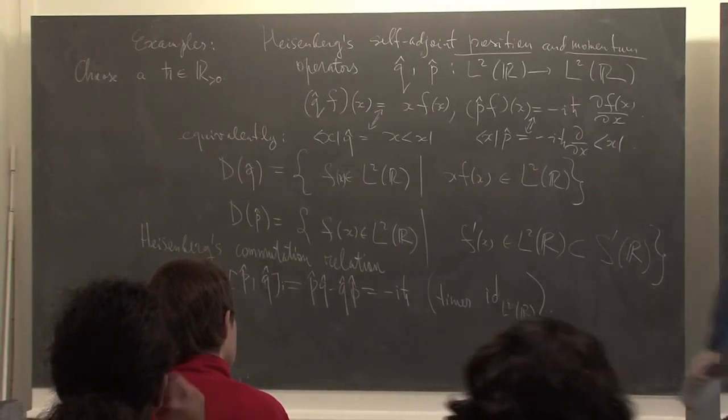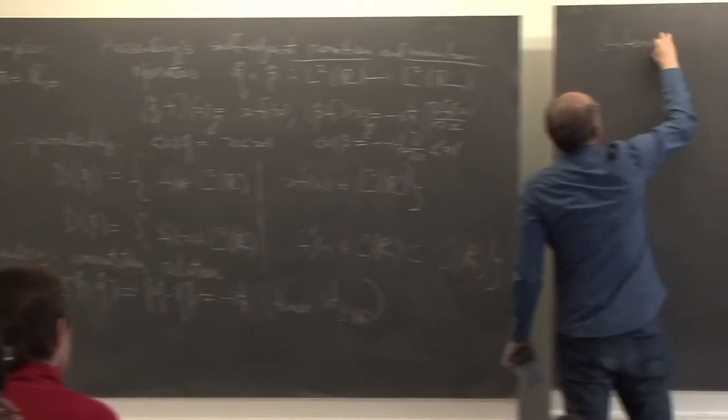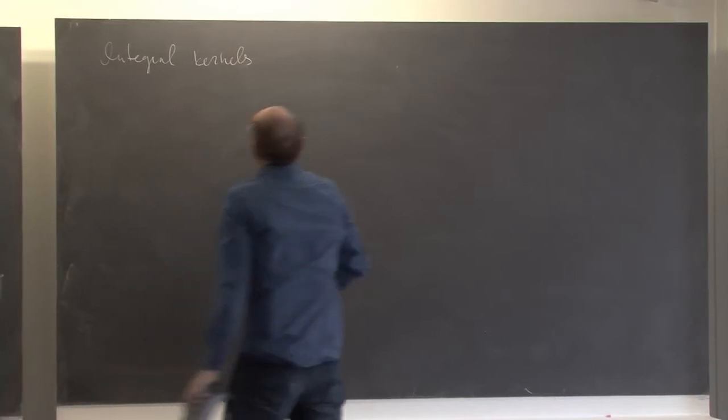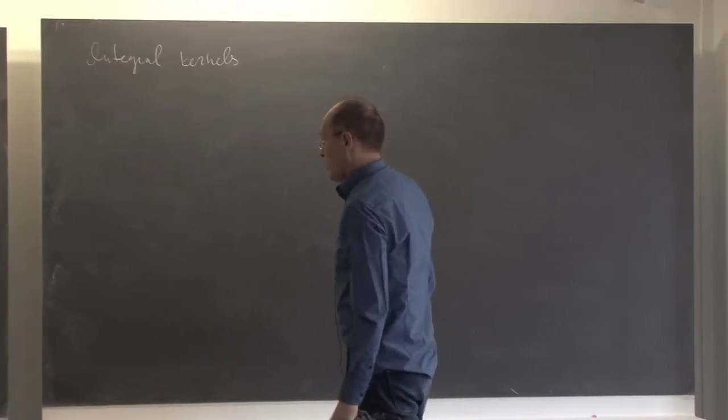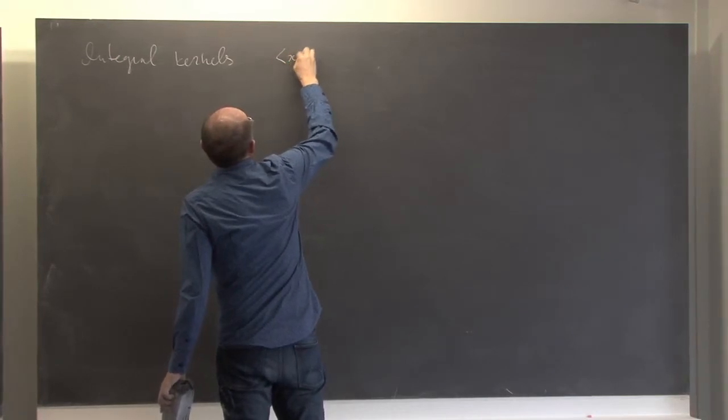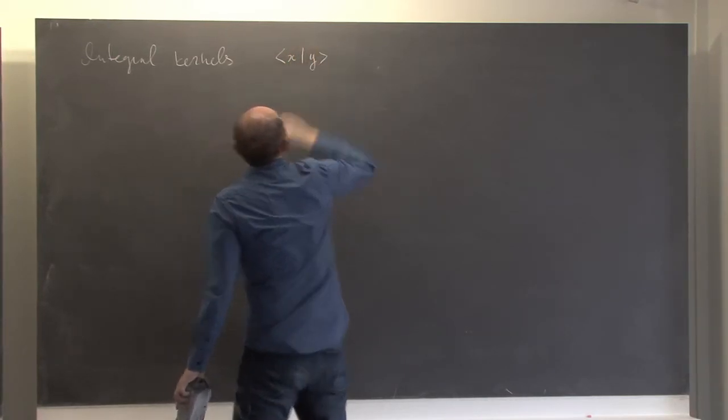So integral kernels. And so we start from the identity. So what is this?